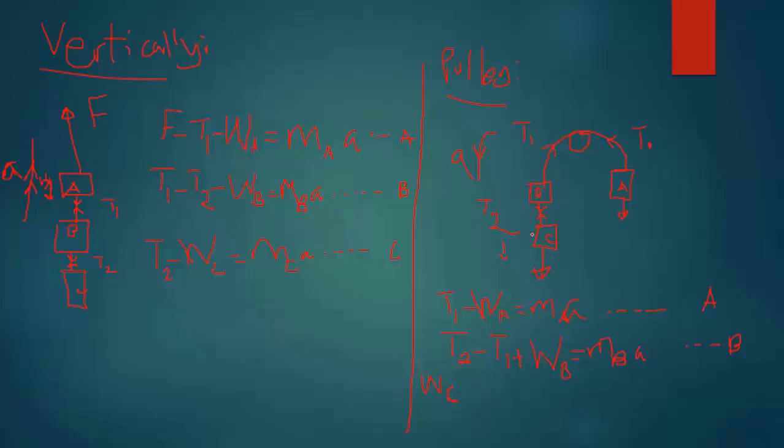Kuna weight ambayo ingekuwa ina push hiyo chini, na hiyo force yako unao apply tungeiongezea hapa. Lakini for this case tuna assume tu kwamba ni weight peke yake ndio ilikuwa ina drive C. So WC, weight ya C minus opposite tension T2 is equal to mass ya C times acceleration. So this is for C.